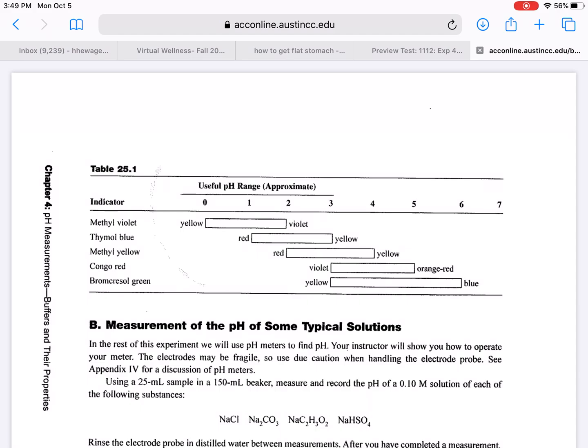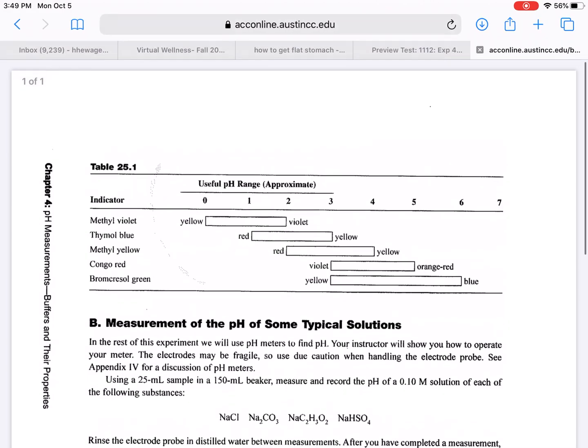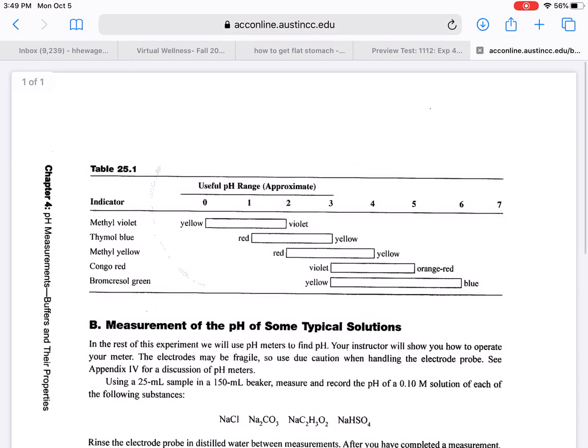Between red and yellow, what would be a good color that you could see when the color changes from red to yellow? That would be orange, right? Maybe around pH 3. If it is orange in color, that would be pH 3.